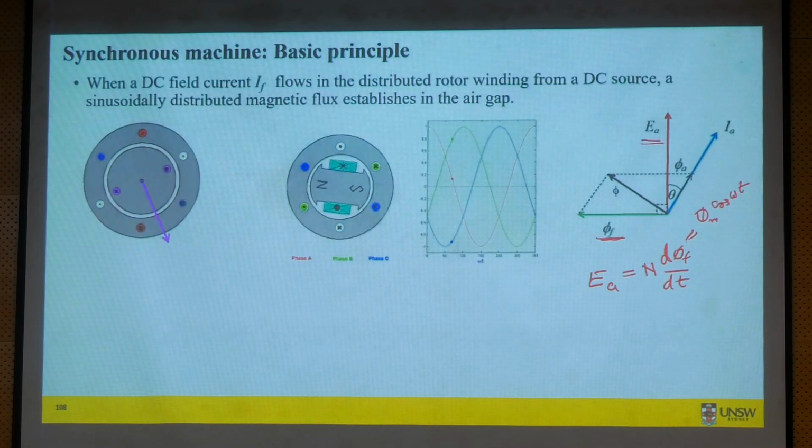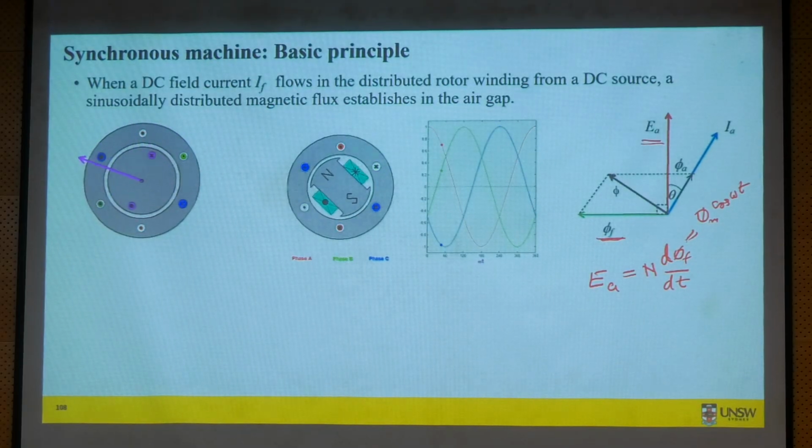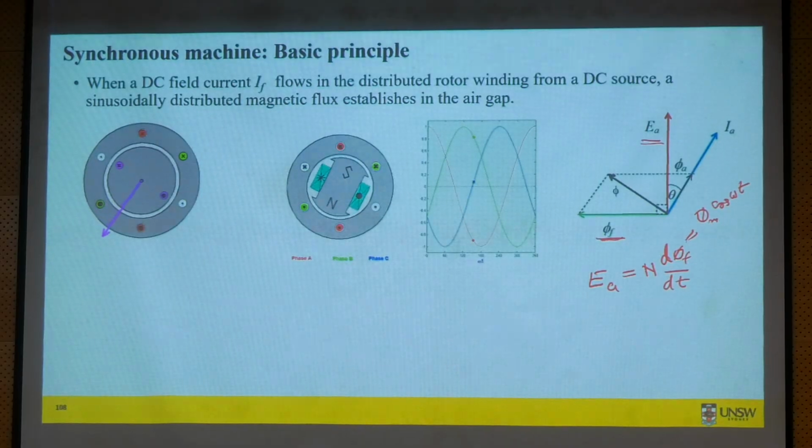In the PM machine, it is still the same. So this flux is your PM flux. The PM rotor is rotating, inducing a back EMF. So same, flux and back EMF are 90 degrees to each other.